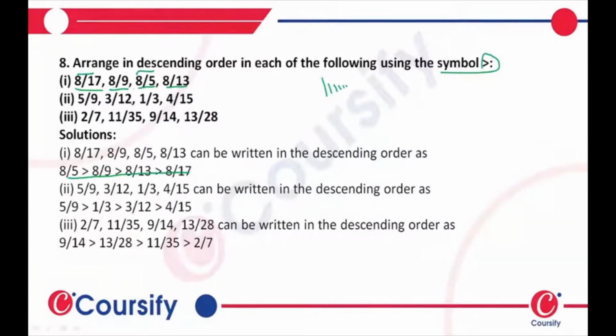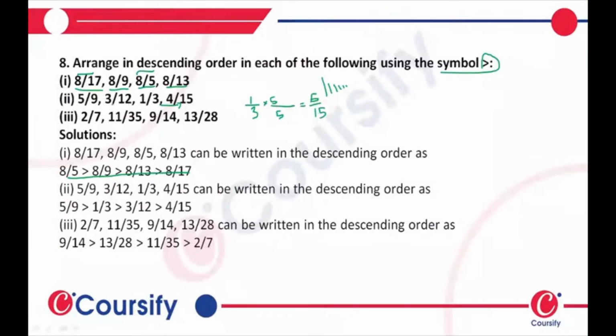As you can see here, all the denominators are multiples of 3. So let's see if we can reduce some of it into 3. Let's see, can 1 by 3 be written in terms of 15? So 1 by 3 is equal to 1 by 3 into 5 by 5, equal to 5 by 15.